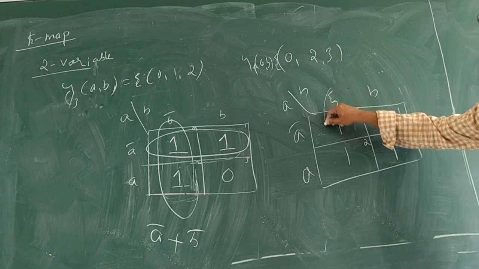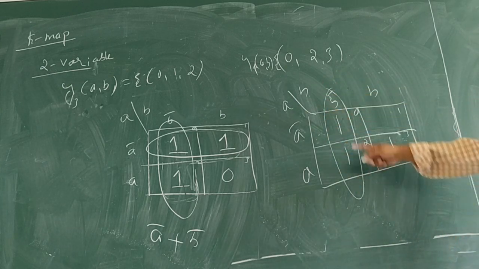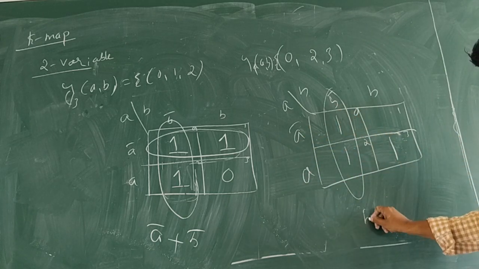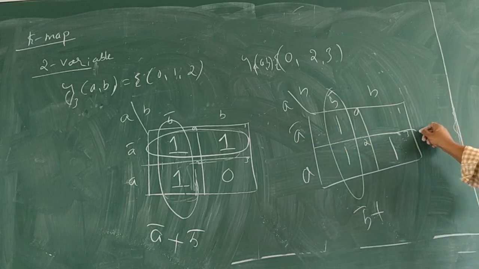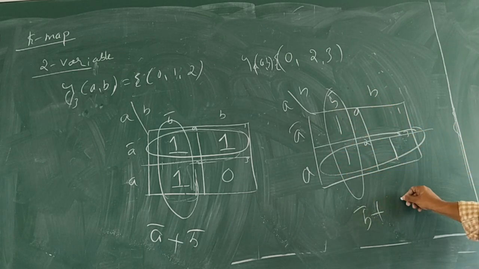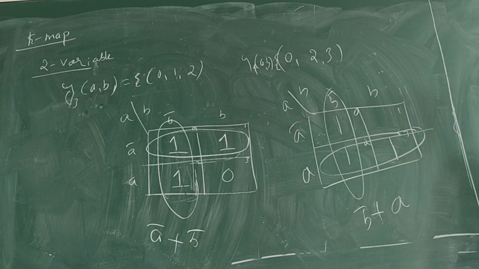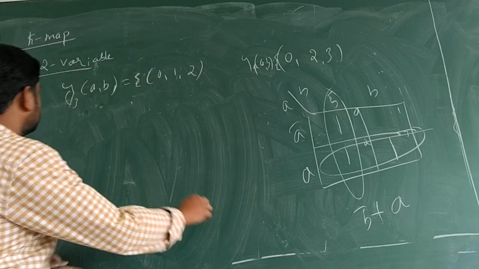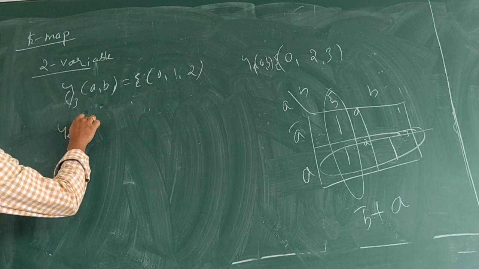Okay, now first cover, can you predict the answer now? Vertical cover, row cancels, we are left with B complement. Horizontal cover, column cancels, we are left with the row, that is A.